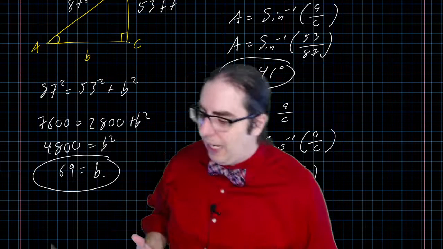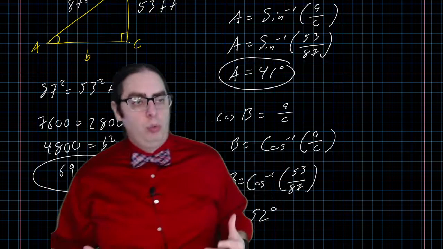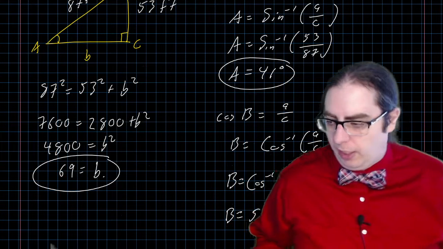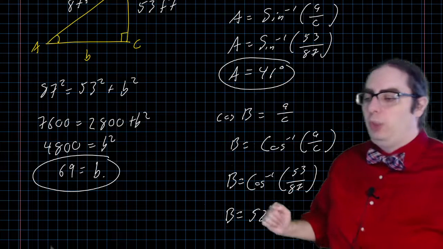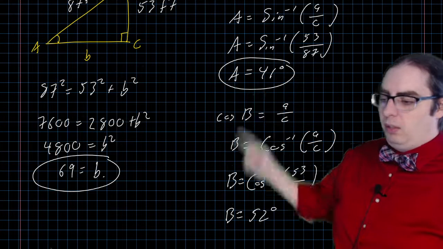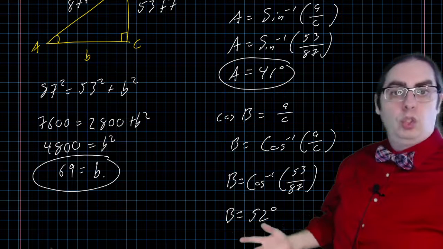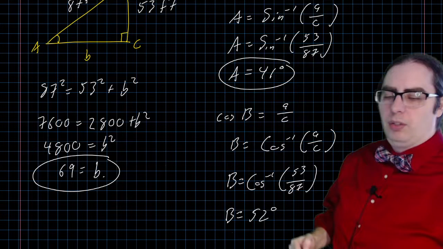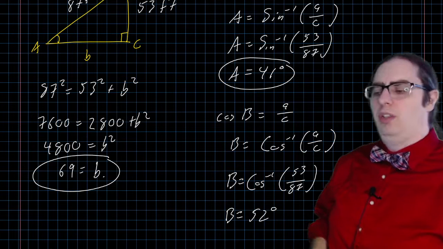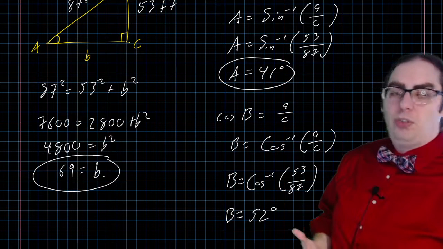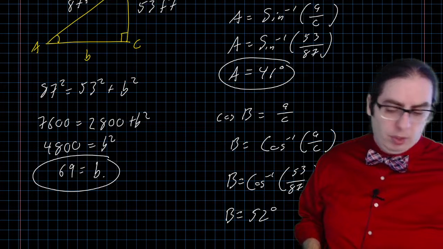And when you're looking at solving for two angles, one of the things we know is that if you add this angle plus that angle, you should get 90 degrees. In this particular case, if you add these two angles together, you get 93 degrees. And that seems a little bit too far off. So I want to go back and double check my work.